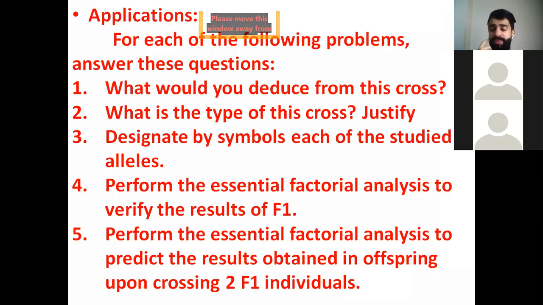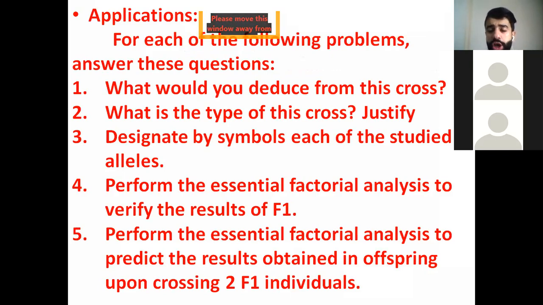So here we solve the first part. What do we deduce from this cross? Since all the F1 are black, like one of the parents, the black allele is dominant over the white allele, which is recessive. What is the type of this cross? It's a monohybrid. Why? Parents are pure and they differ in only one trait. So always, when the parents are pure and they differ in only one trait, this is called a monohybrid cross.